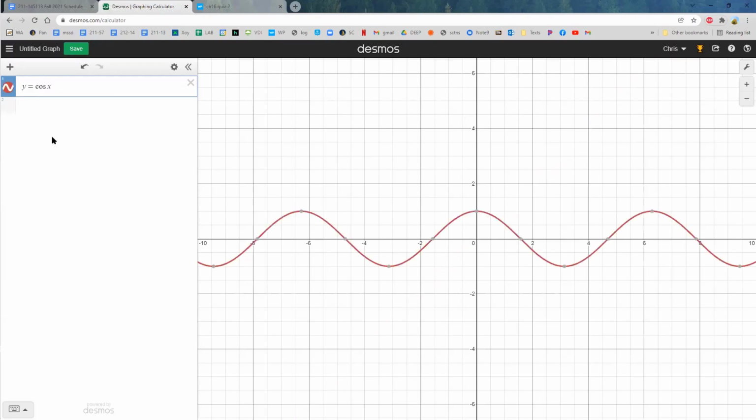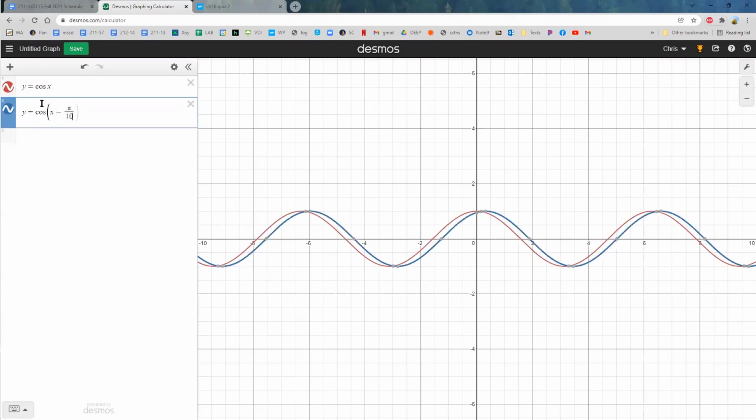Okay, that's an unshifted cosine function. Here's a shifted cosine function: y equals cosine of x minus pi over 10, for example. So blue is a shifted cosine function, and red is an unshifted cosine function.